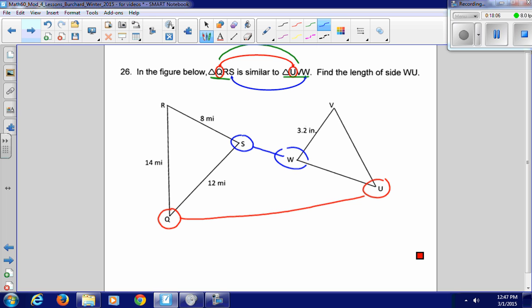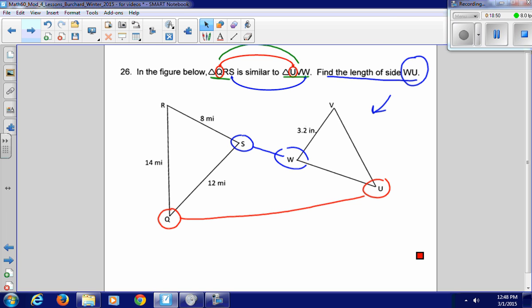Now, if you're like me, that starts scrambling your mind, because again, I'm a visual person, so I need to see those two lined up correctly. So you could do a little sketch if you wanted to, and just take this triangle over here and flip it around so that W was in the right place to look like it corresponds with S. But for right now, the reason I use those two is that it says find the length of side WU, and so I know QS and WU go together.